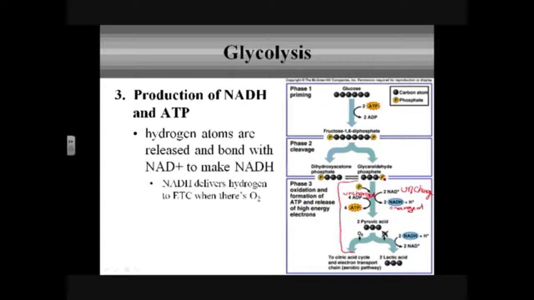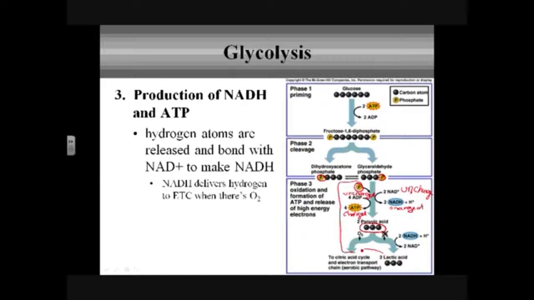They're going to come in and pick up these phosphates, right? Plus, you're going to have an addition of other phosphates to get 4 ATP, which is the charged version. And what you're going to be left with is just the 3-carbon molecule, no more phosphates on it, which is the pyruvic acid.